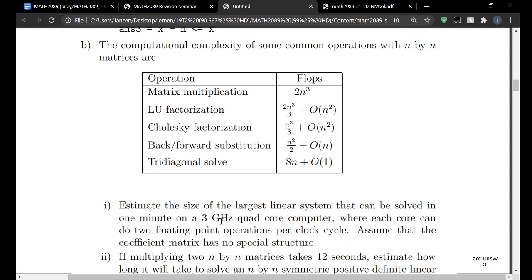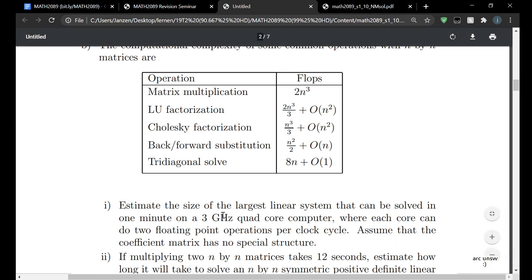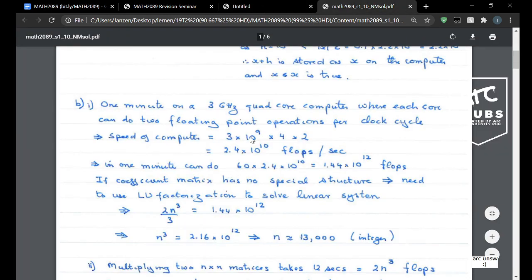A 3 GHz quad computer just means that it has the capability of doing 3 times 10 to the power of 9, or 2 to the power of 30, times 4 because it's a quad-core computer, times 2 because it can do 2 flops per clock cycle.